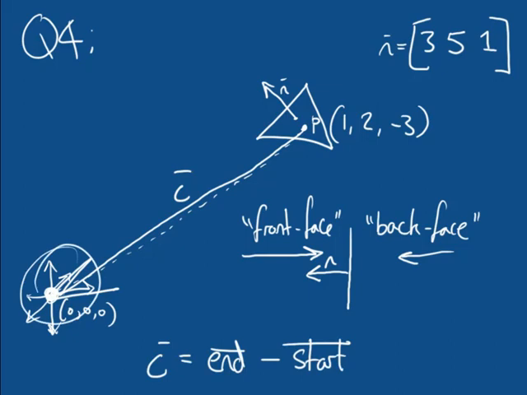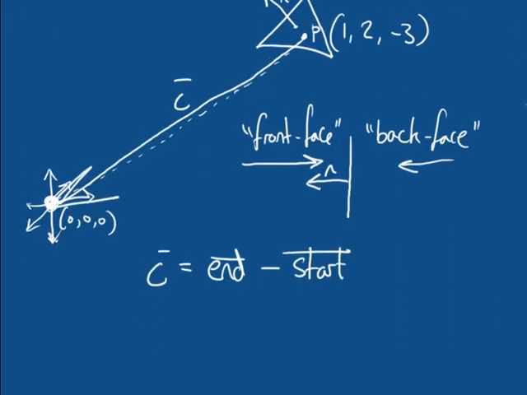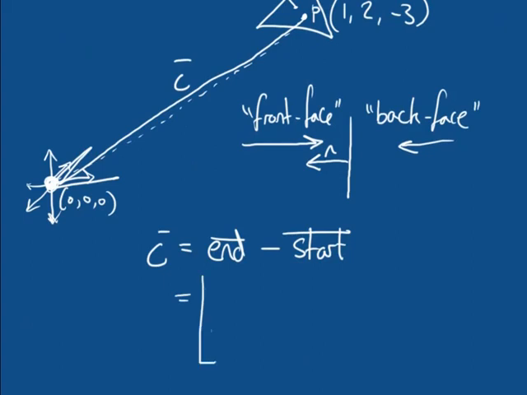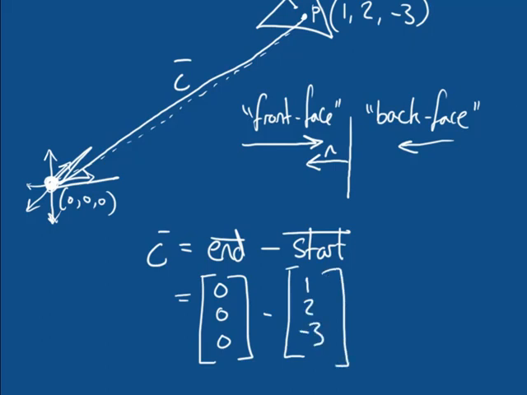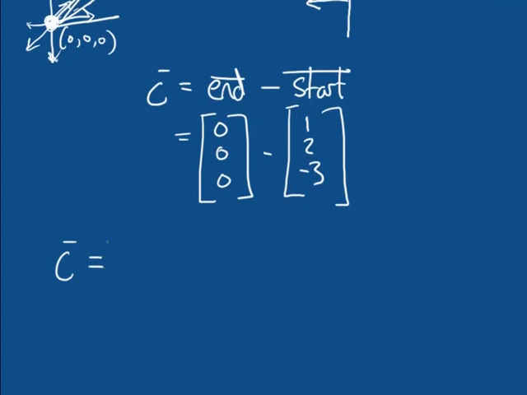So I'm ending here at the origin, and I'm starting here at the point 1, 2, minus 3. So it's equal to our origin minus that point on the surface, 1, 2, minus 3, which means our camera vector C is equal to the vector 0 minus 1 is minus 1, 0 minus 2 is minus 2, 0 minus minus 3 is positive 3. So it's equal to minus 1, minus 2, 3.